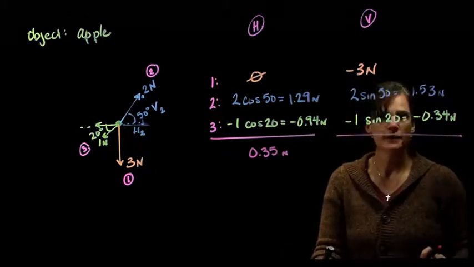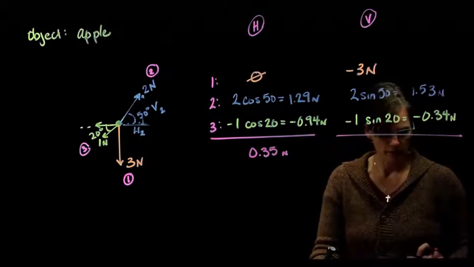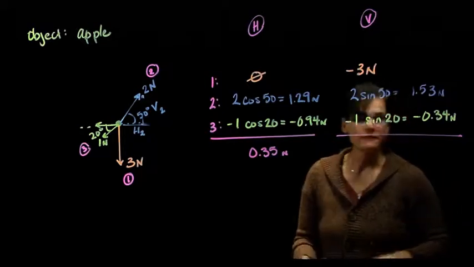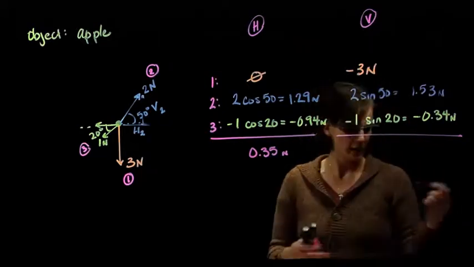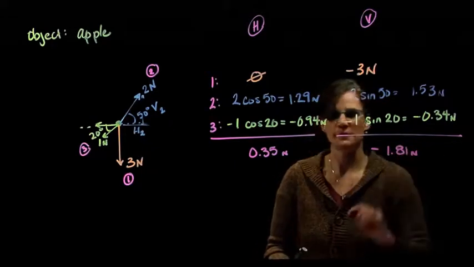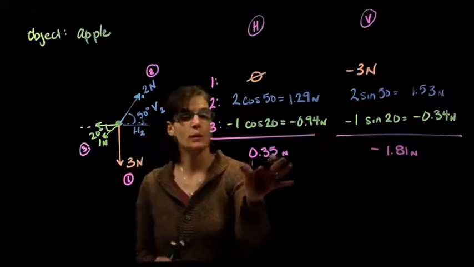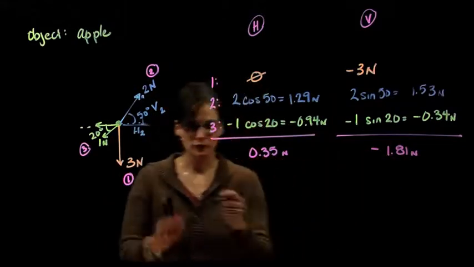Negative 3 plus 1.53 plus a negative 0.34. I find that my vertical components add to negative 1.81 newtons. So my net force acting on this object has both a horizontal and a vertical component.